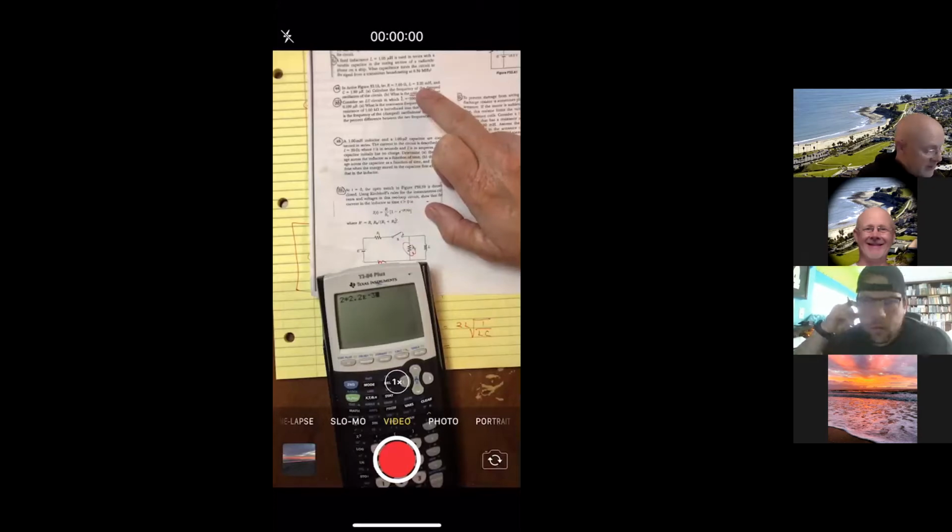Then I'll multiply by the square root of 1 divided by the product of L, which is 2.2 times 10 to the negative 3, and C, which is 1.8 times 10 to the negative 6. And it looks like roughly 70 hertz.